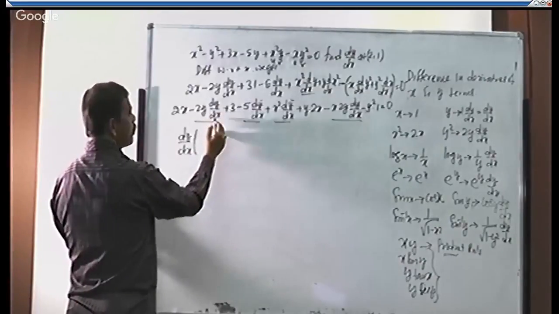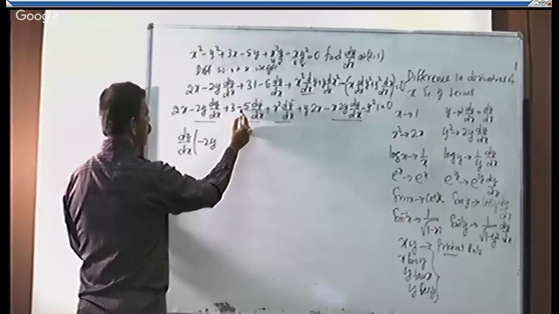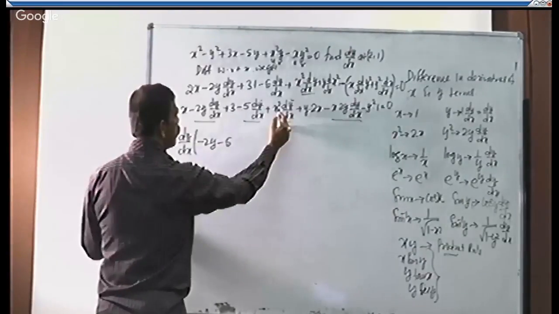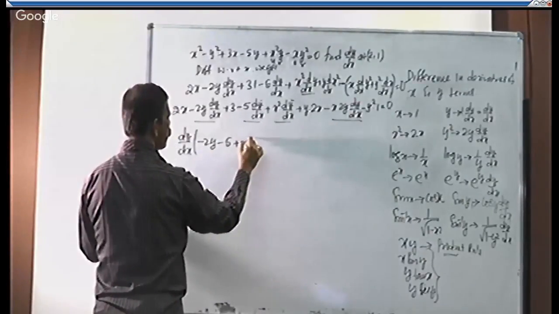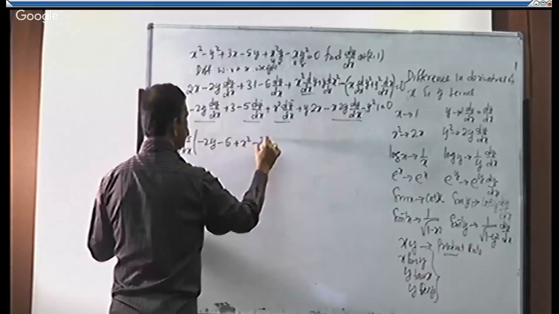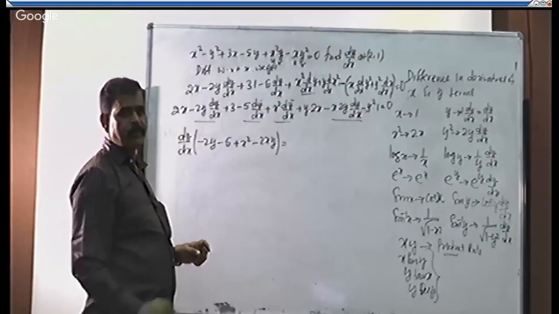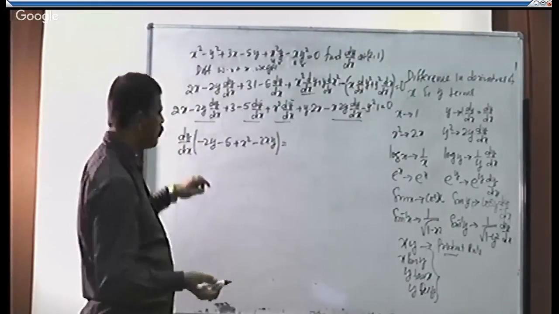Here, if I take dy by dx common, what is remaining? Minus 2y, minus 5, plus x square, minus 2xy. And write all other terms to the right side of the equation.